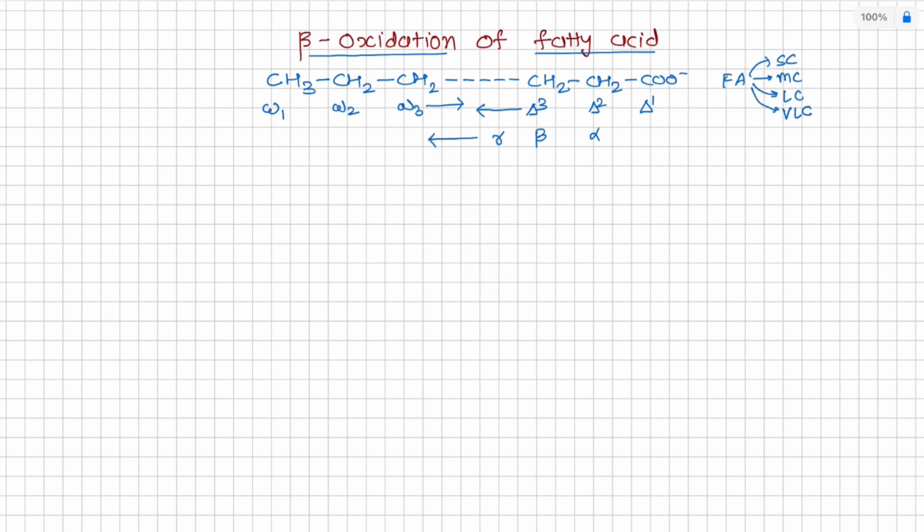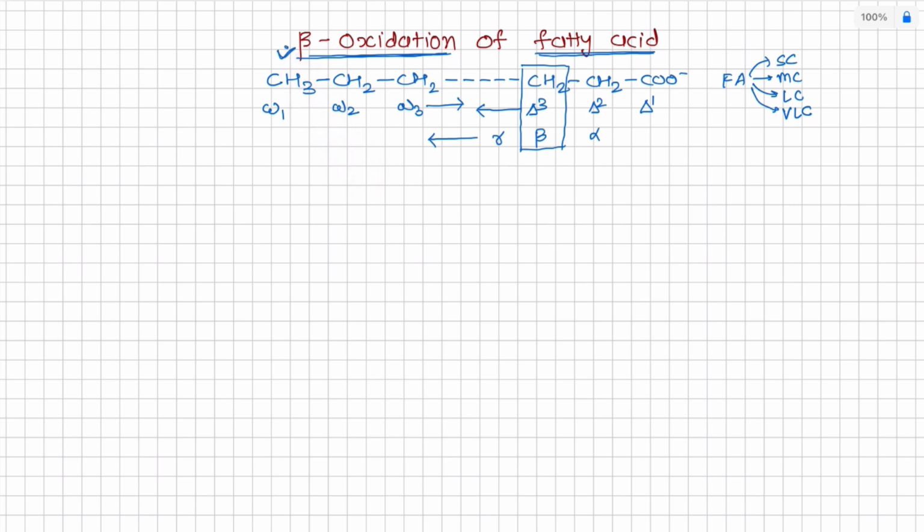In our body, fatty acids can be oxidized in many different ways, but the major type of oxidation which occurs is on this carbon, that is delta 3 or beta carbon. That carbon's oxidation is of major importance in our body, and it is accordingly called beta oxidation. In this video, we will be describing beta oxidation of fatty acid.